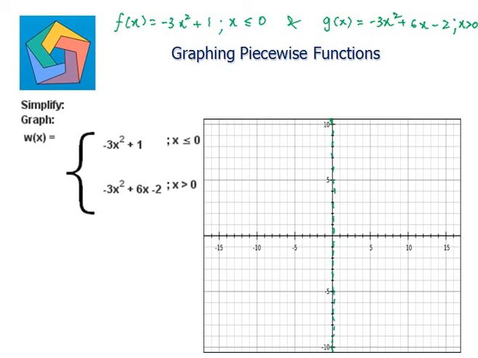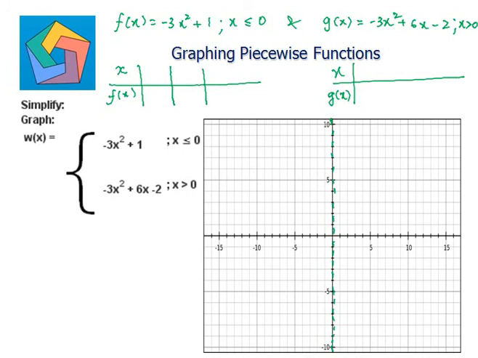Okay, so let's create the T-charts. x, f of x, x, g of x. Let me take 0, negative 1 and negative 2 for f of x, since they need to be less than or equal to 0. And for g of x, let me take 1, 2 and 3, since they need to be greater than 0.